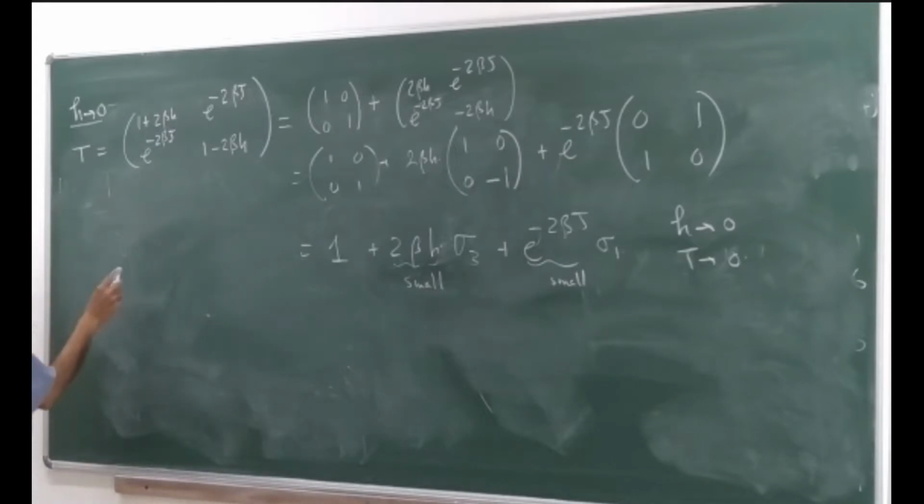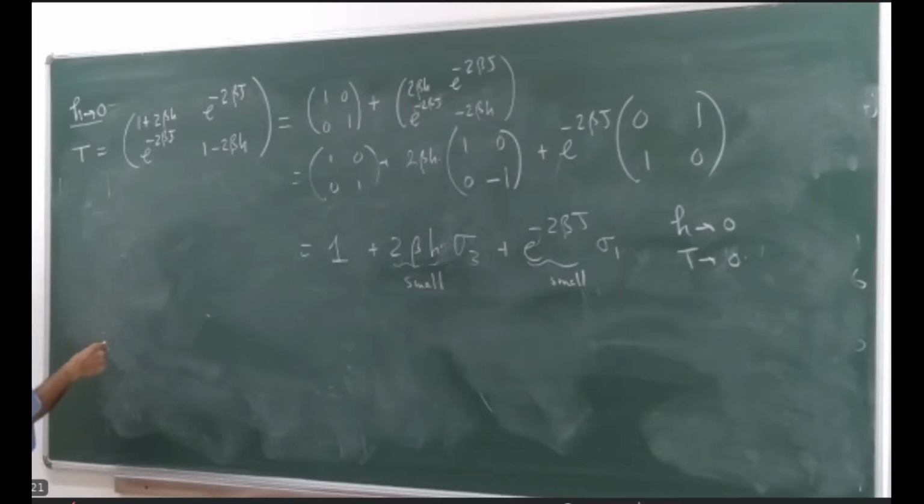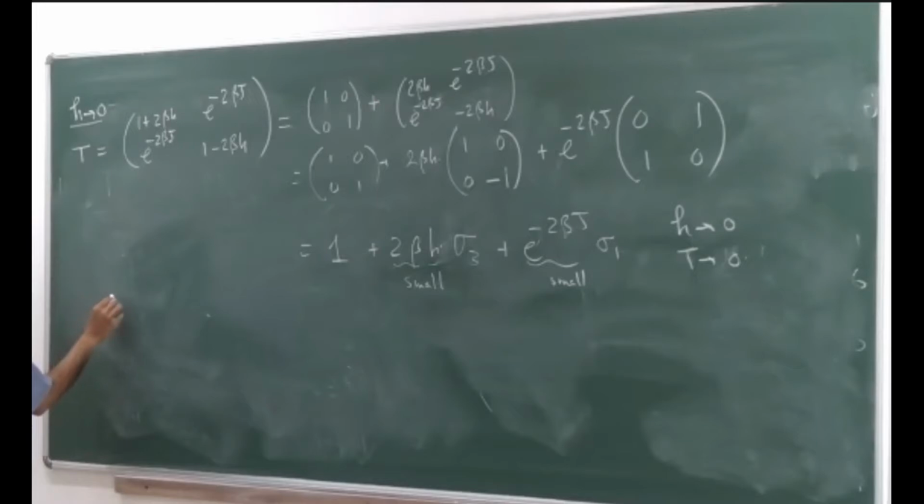If I have a Hamiltonian quantum system, the time development operator is e to the power minus iHt over h bar.